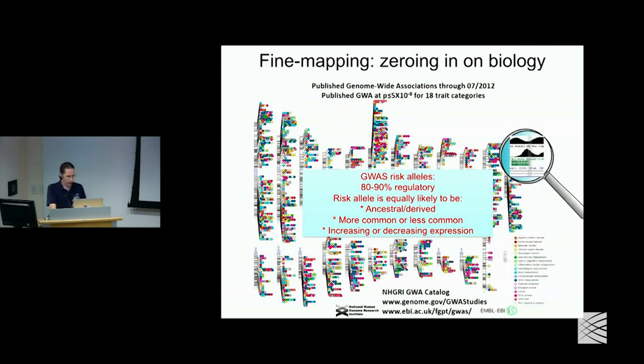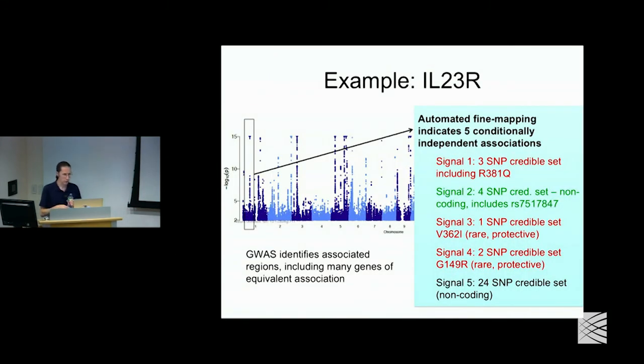One of the first processes that we've engaged in is trying to fine map the GWAS hits. So rather than just being satisfied with there's something going on in this region of the genome, really zeroing in, looking comprehensively at all the variants in that region, and trying to zero in on what all of the relevant contributing variants and mutations are.